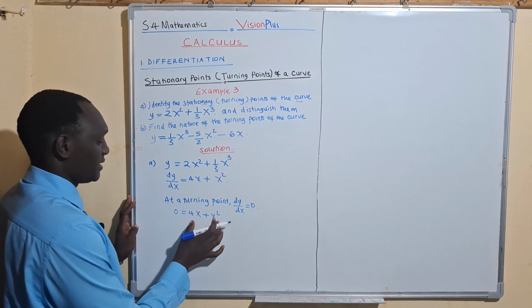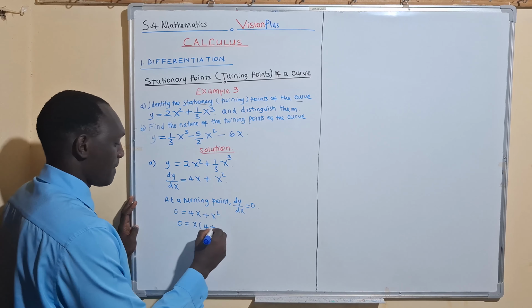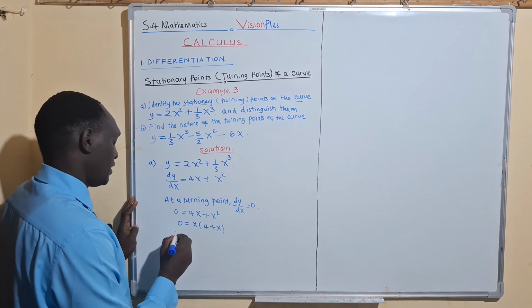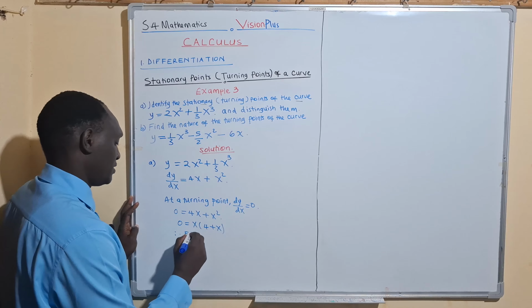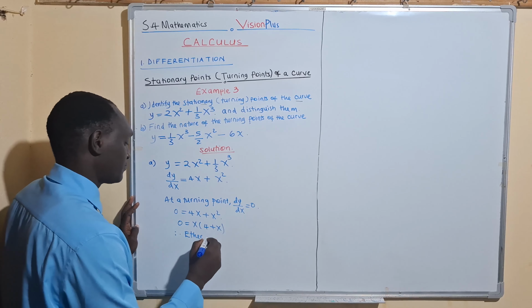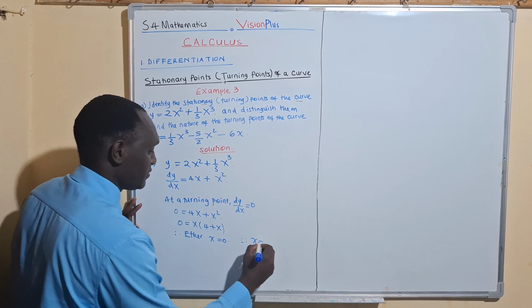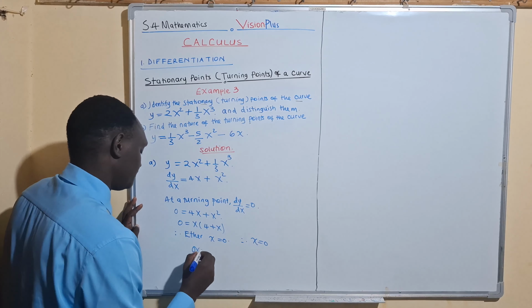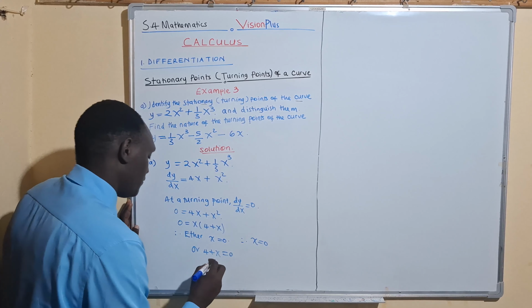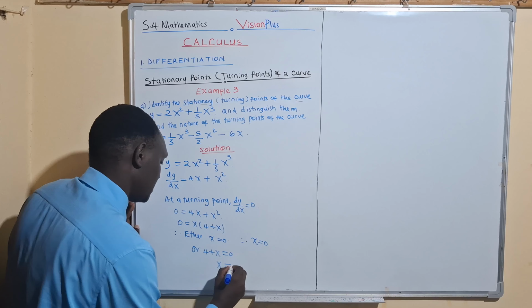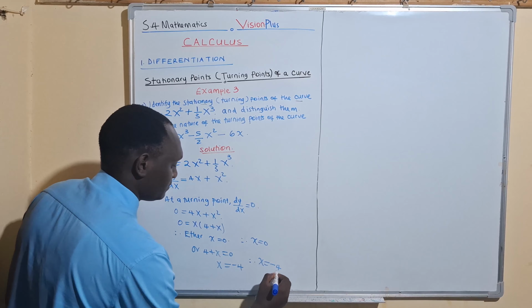We can factorize this side so that we have 0 equals x times (4 plus x). And since it is equated to 0, either x equals 0, or 4 plus x is 0, for which case x is negative 4.